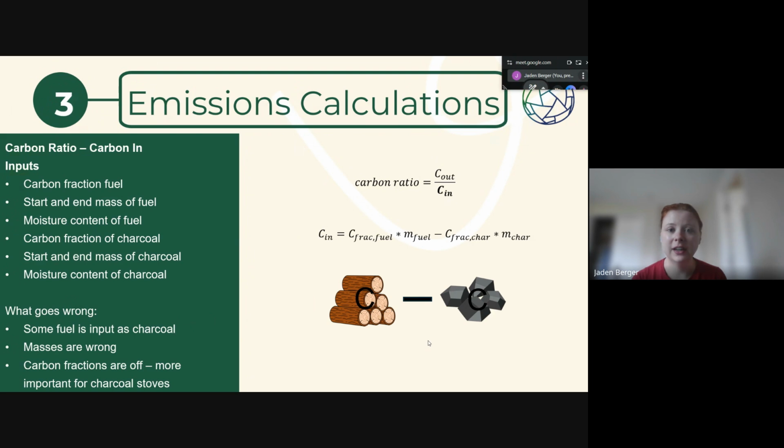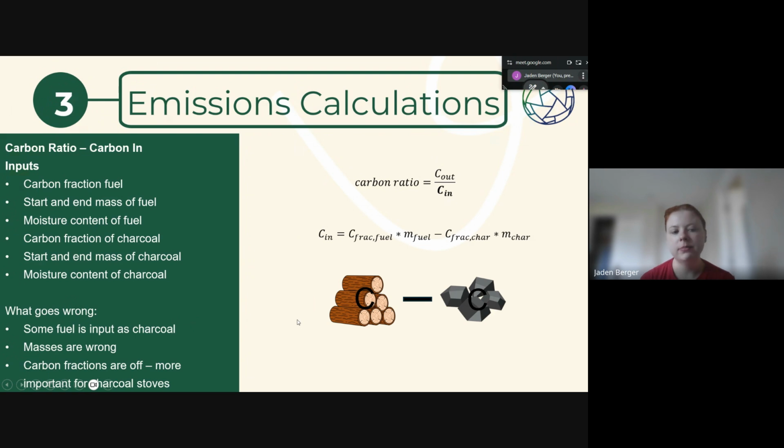So essentially, if we're saying all of our charcoal pile is charcoal and some of it's actually wood, we're over accounting for how much carbon is remaining. And so our carbon in is going to be an underestimate of how much carbon actually went into our system.